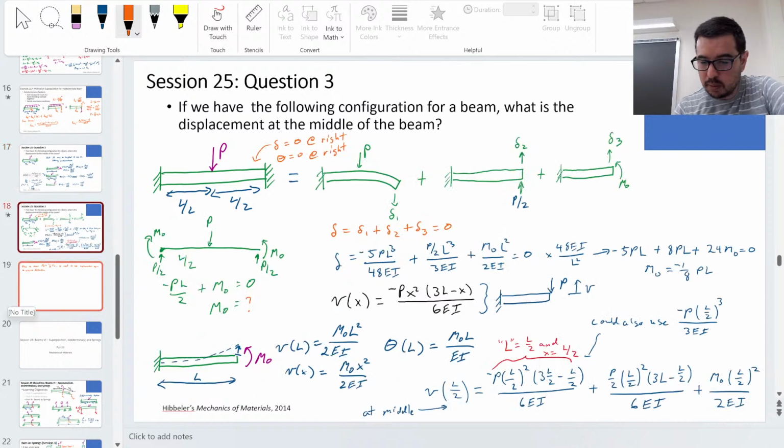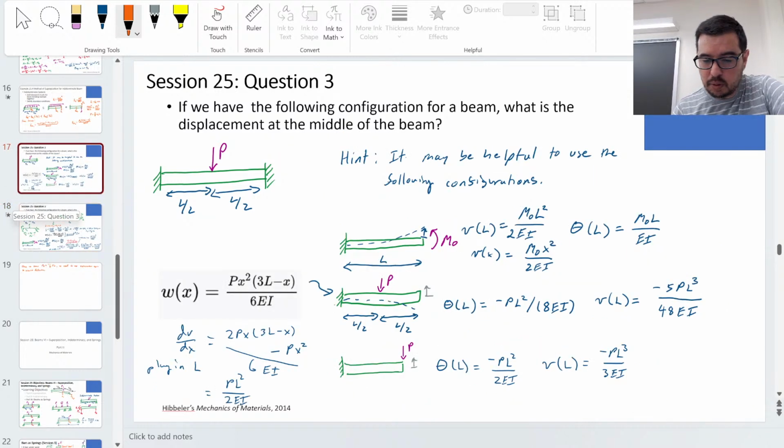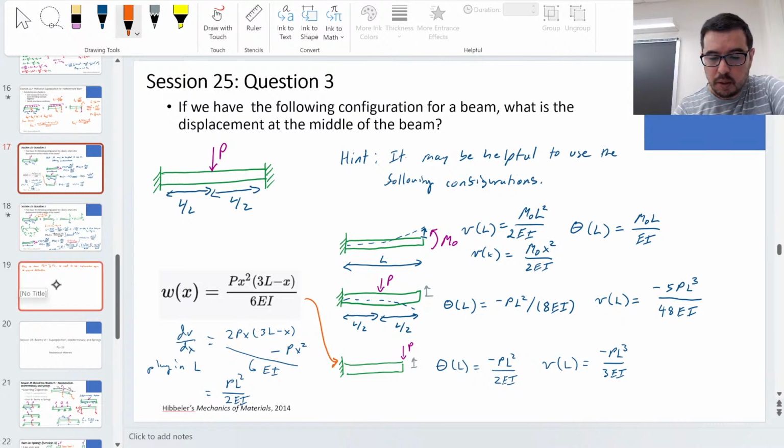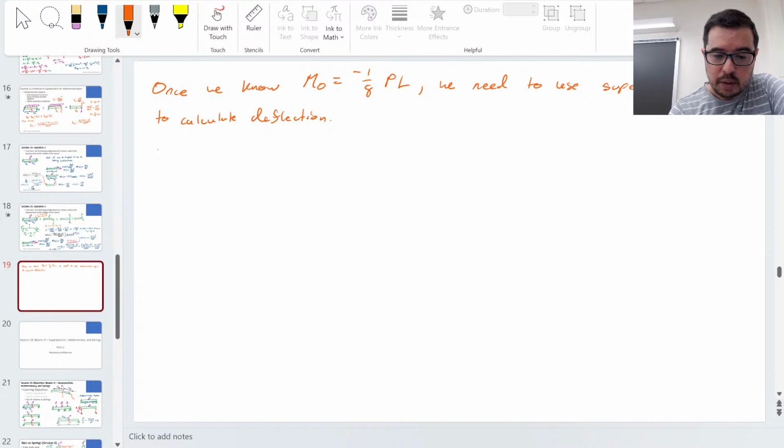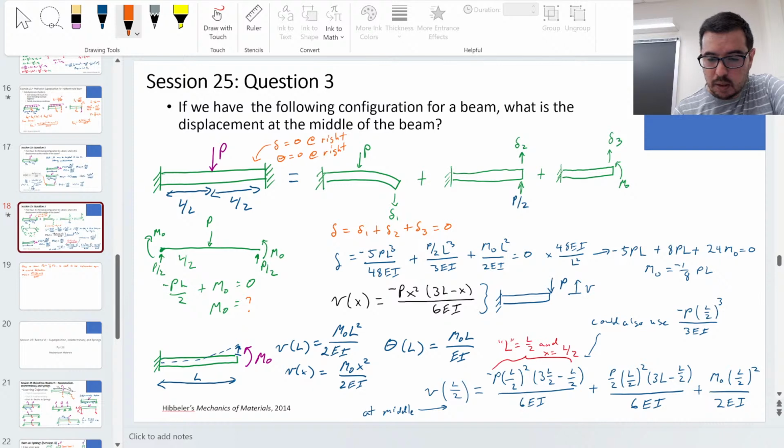I want to make sure I got this right. I don't know if I was clear in my video, but it should be for this one. So what we have is the expression v of x is equal to Px squared (3L minus x) over 6EI.